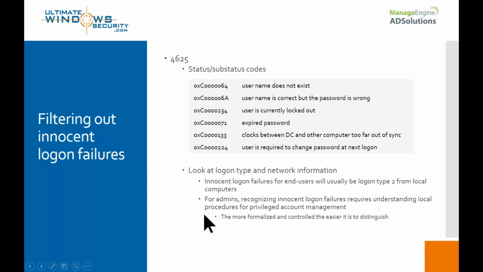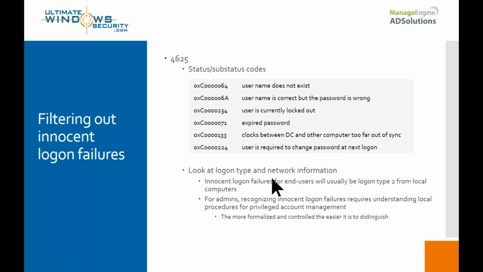For recognizing innocent logon failures of privileged accounts, of admins, it's really important to understand what your local procedures are. What is your organization's procedures for privileged user account management? The more formalized and controlled that is, the easier it is to distinguish.